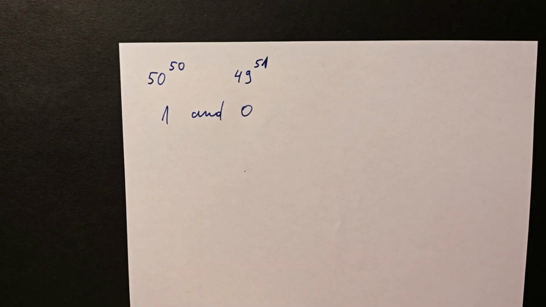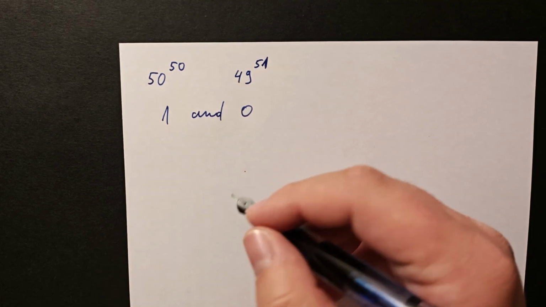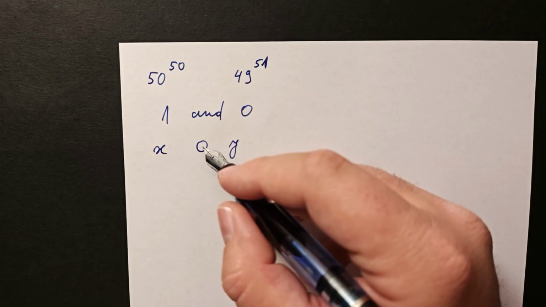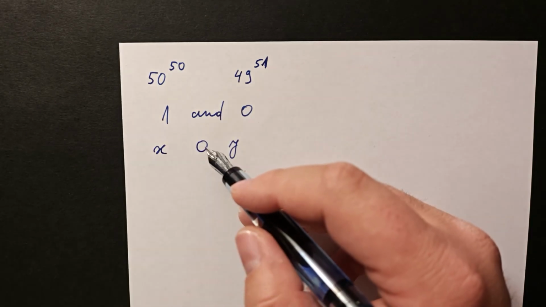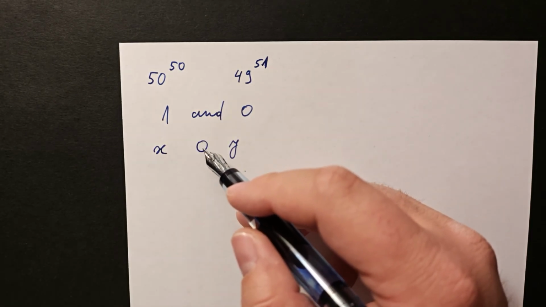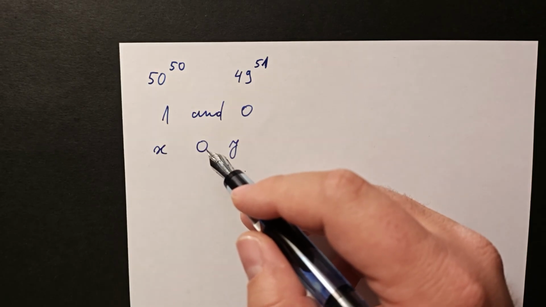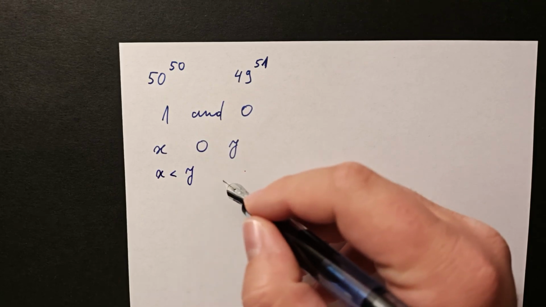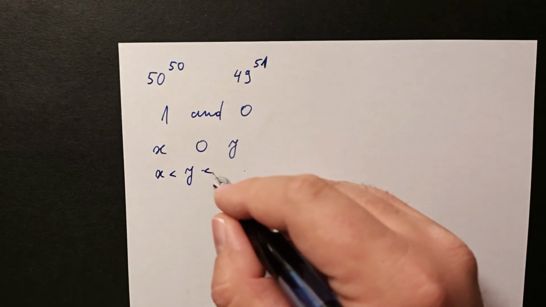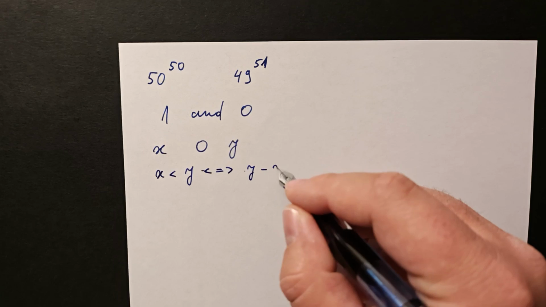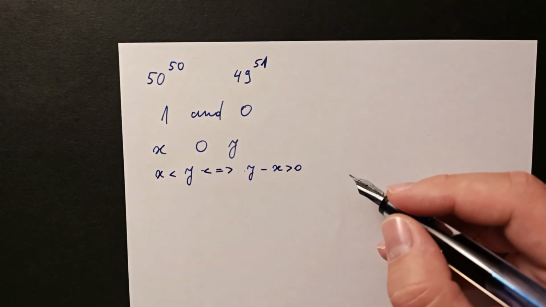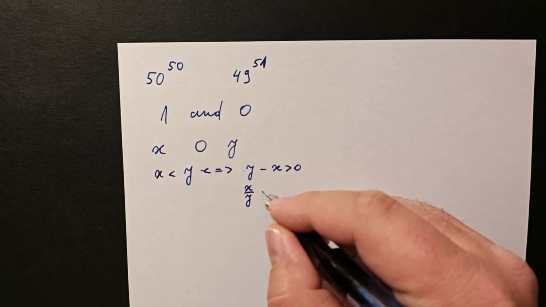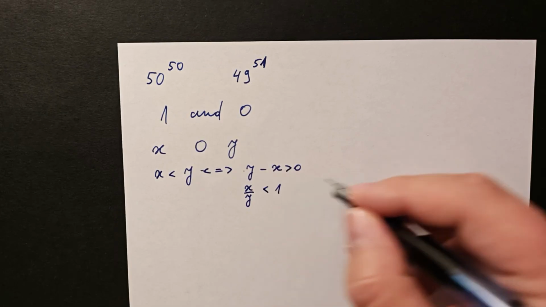When we are comparing two numbers x and y to each other, and in the circle we need to put a sign, a relation lesser than, larger than, or equal to. For example, if x is smaller than y, then we know that y minus x is larger than 0. We also know that x divided by y has to be smaller than 1.